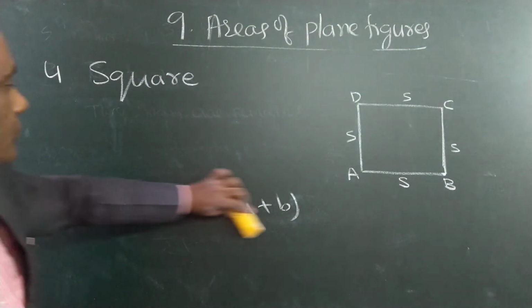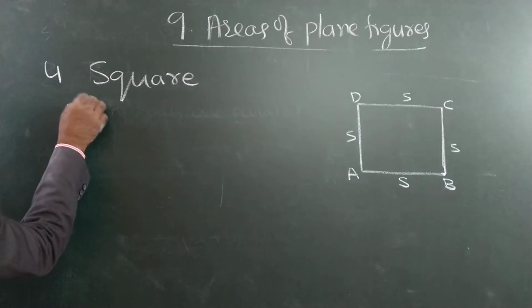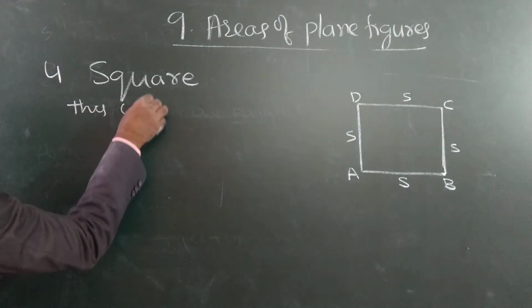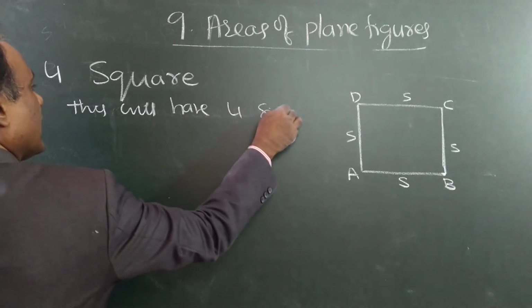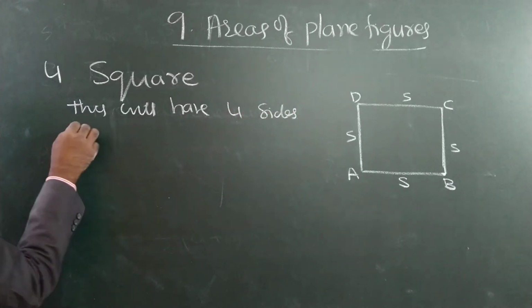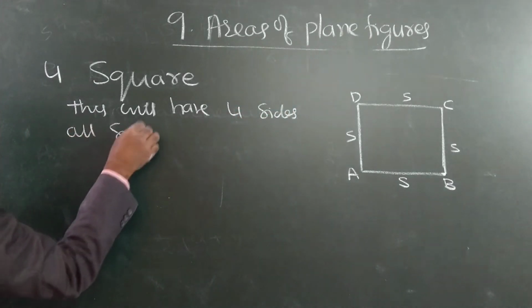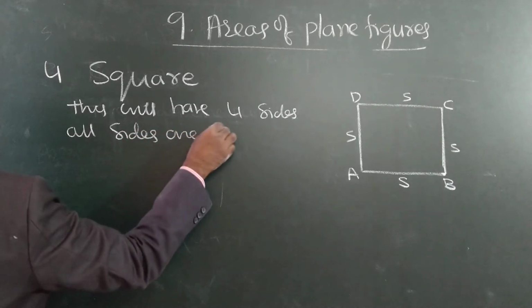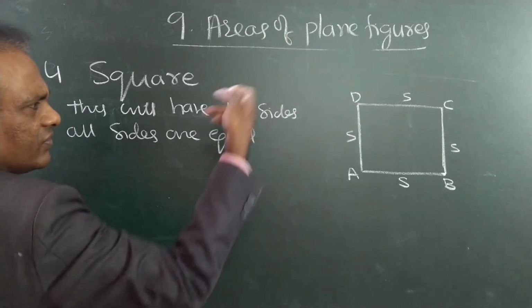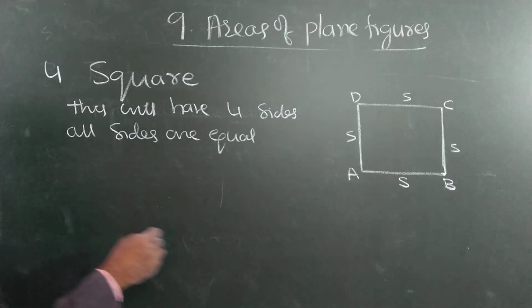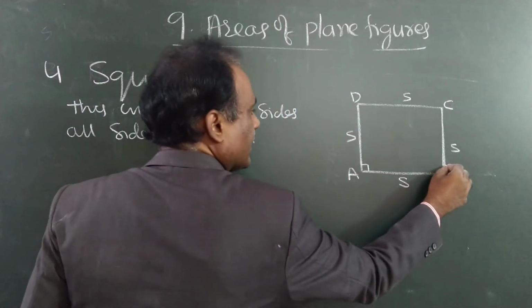This will have 4 sides. All sides are equal. All sides equal. Each angle is 90 degrees.